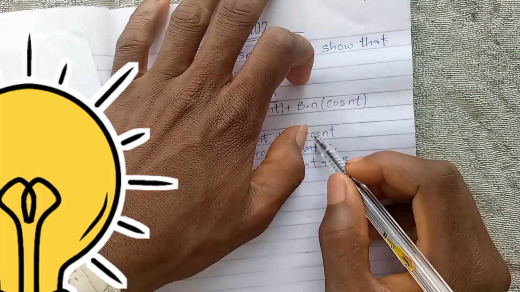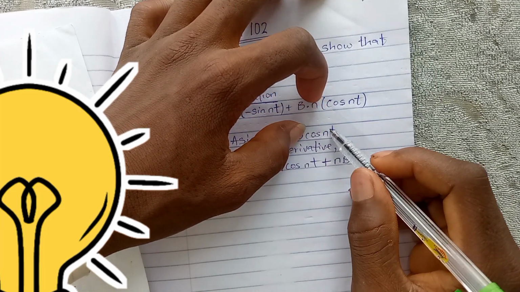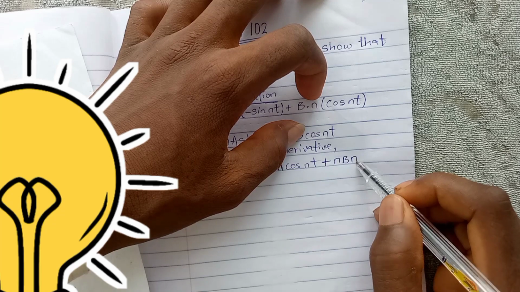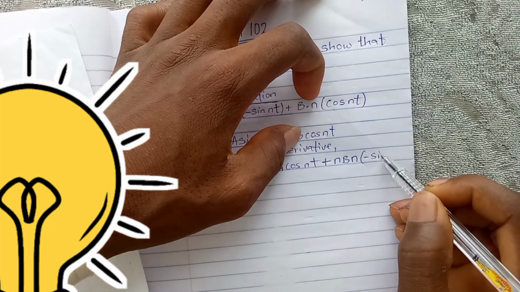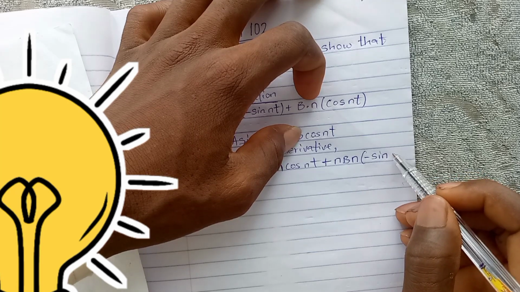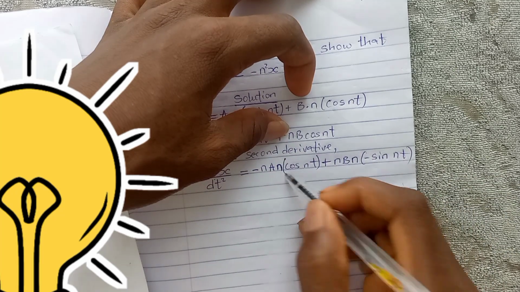Now the derivative of cos is negative sine, but before then you differentiate the angle, then multiply the result by the derivative of the cosine, which is negative sine nt. On reaching here, you simplify your expression.